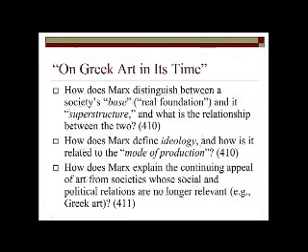In the other selection we read by Marx, he gives a more formal definition of the structure of society using four primary terms: base, mode of production, superstructure, and ideology. And remember that he sees the base or the foundation of any society as residing in its economy, its primary mode of production, which consists of the forces of production or the primary techniques by which the people in that society create the necessities of life, and the social relations of production.